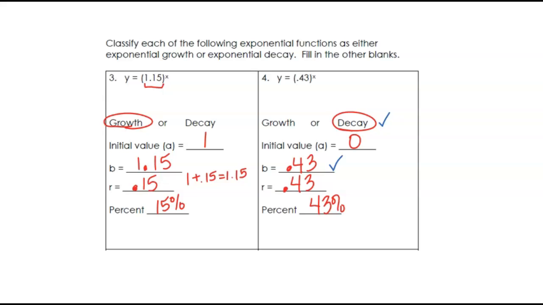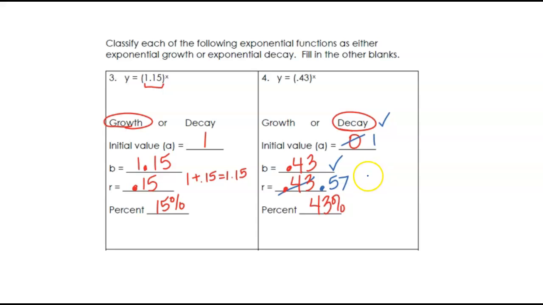I don't want to erase it. I'm just going to mark it out and put it in a different color. What is my initial value? Why is it not 0? There's nothing there. If it were 0, the whole thing would be gone. So what is the initial value? And if nothing is there, it is implied that A is 1. And the R value is not 0.43, it's what?